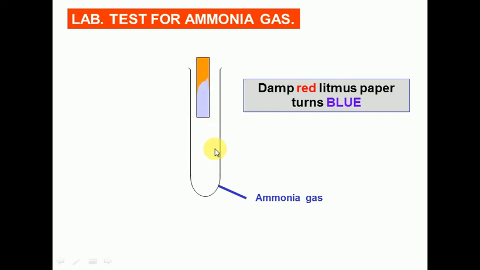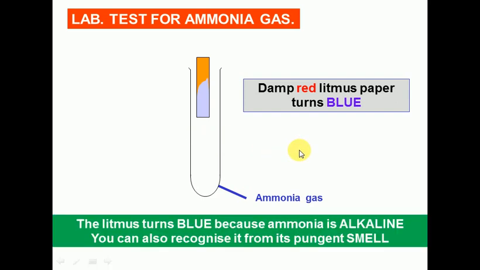There is no any action on blue litmus paper. The red litmus paper turns blue, as we know that ammonia is alkaline in nature. We can detect the evolution of ammonia gas from its pungent smell.